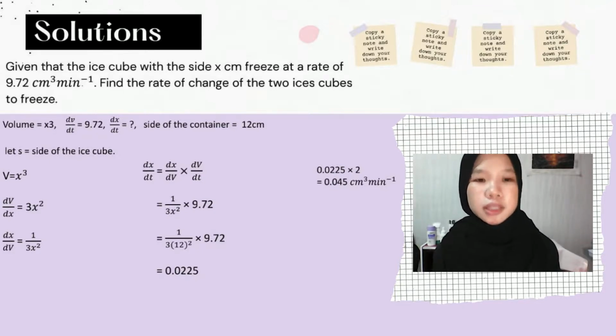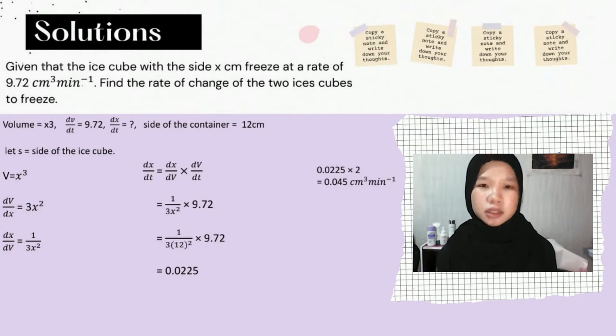To get dx/dt, we multiply dx over dV with dV over dt, which is 1 over 3x to the power of 2 times 9.72. Substitute the side of the container, which is 12, into x.